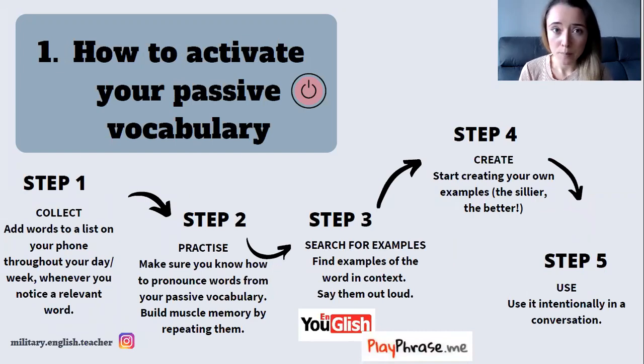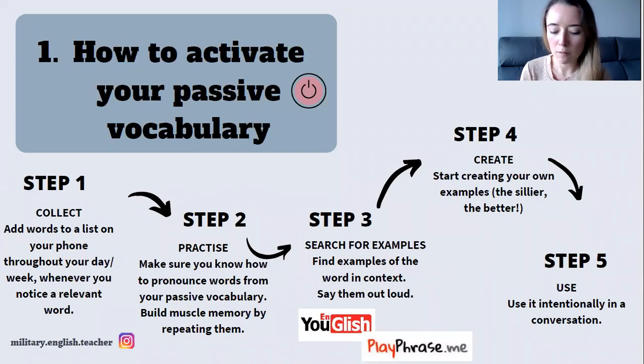And there are some steps that you need to take in order to do that. Number 1, you need to collect those words, because you need to identify what are those words that you're always missing, that you would like to use in the conversations that you hear a lot in people's conversations or in the videos that you watch or movies.